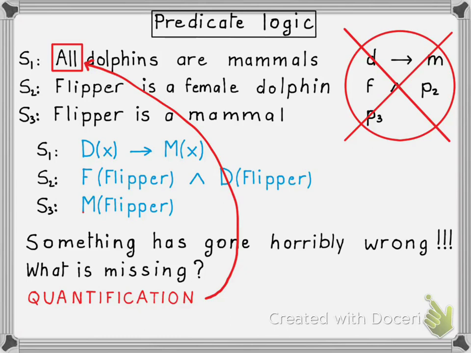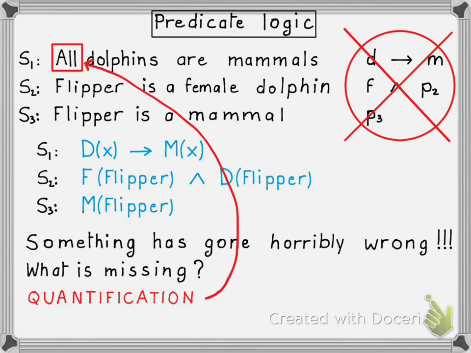So what this expression does not capture is the word all, that it should be true for all possible values of x. Notice when we translated S1, we said this means something is a dolphin. So we replace something with an x.